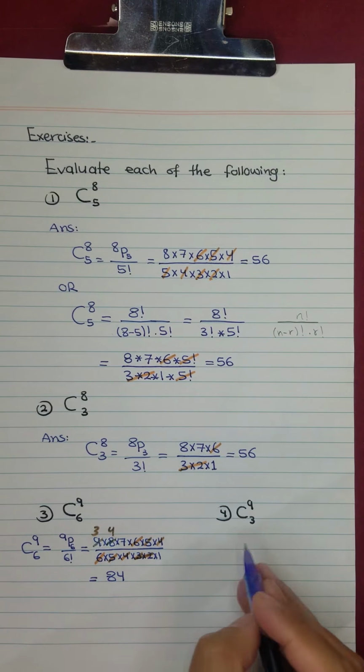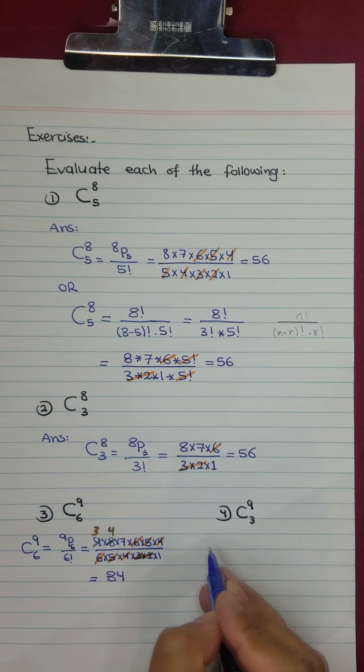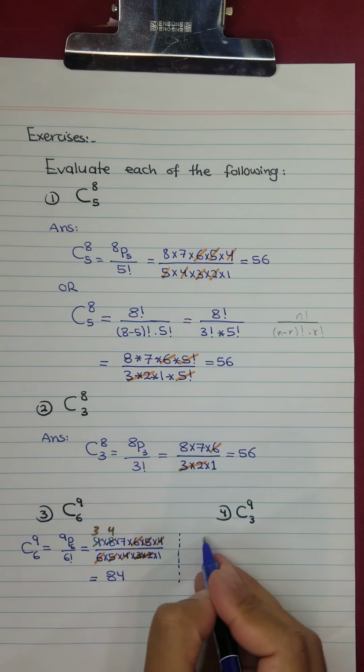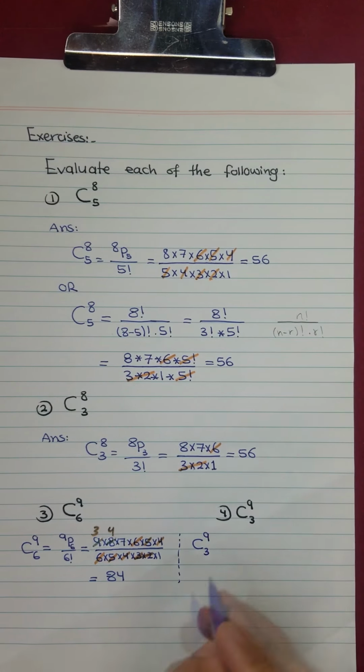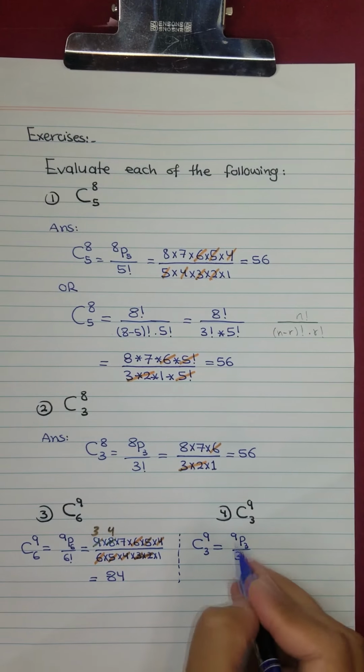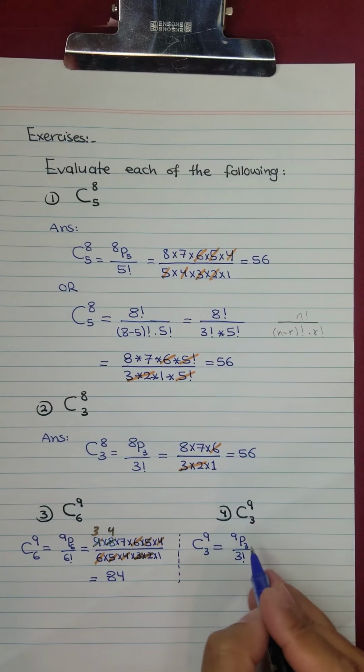Will we get the same answer if we do this one? Let's try this out. So we have here 9 combination 3. So 9 combination 3 is going to be 9 permutation 3 divided by 3 factorial. And 9 permutation 3 means 3 numbers or 3 actions starting with 9.